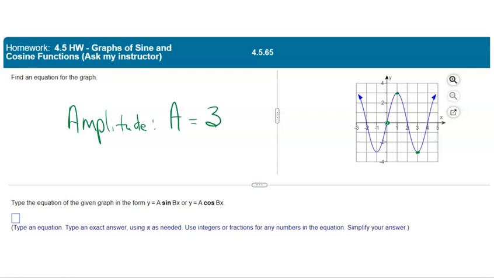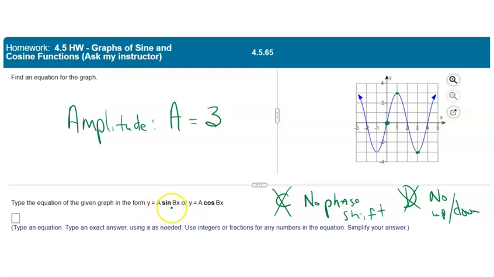It could even be a cosine graph if we were able to shift left or right, but this graph hasn't shifted left or right because there is no c value, which means there's no phase shift, and there is no d value, which means there's no movement up or down. The reason I know is that we just have an A and a B to find, and it doesn't have plus C or plus D in there.